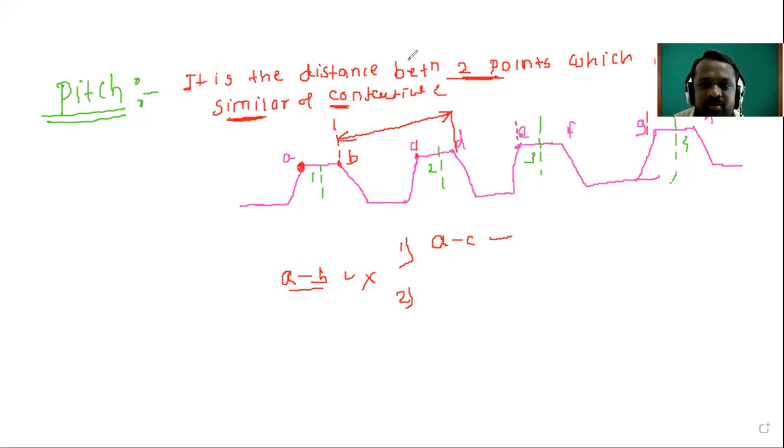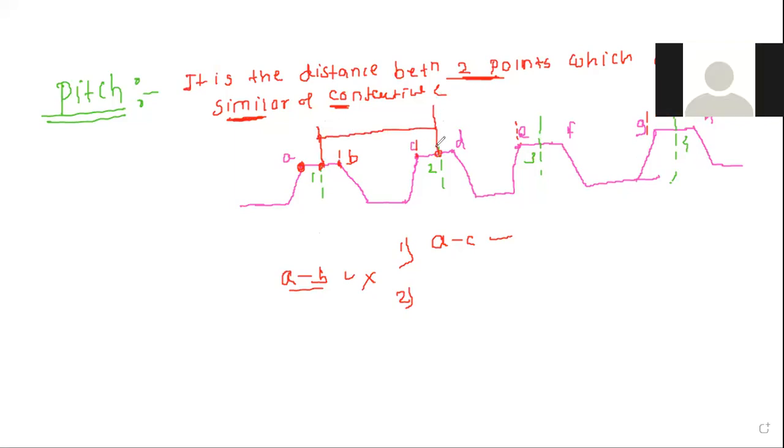Now suppose I have shown the pitch like this, from this one point, the second point. Suppose this is pitch. Yes, sir. Again it is pitch because they are similar and consecutive points.